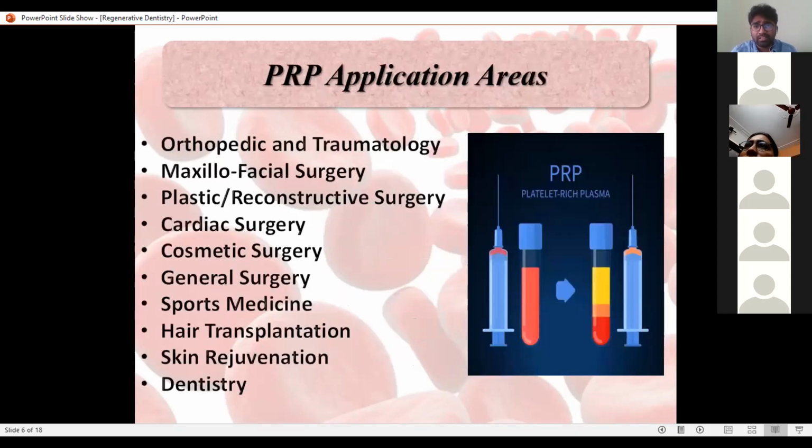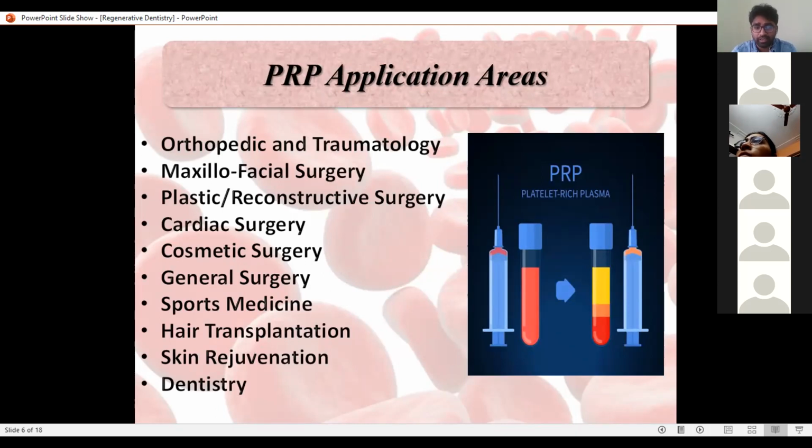The applications of PRP are in different conditions in medicine. We can use it in orthopedics, maxillofacial surgeries, plastic surgeries, cardiac surgery, cosmetic surgery, and general surgery.